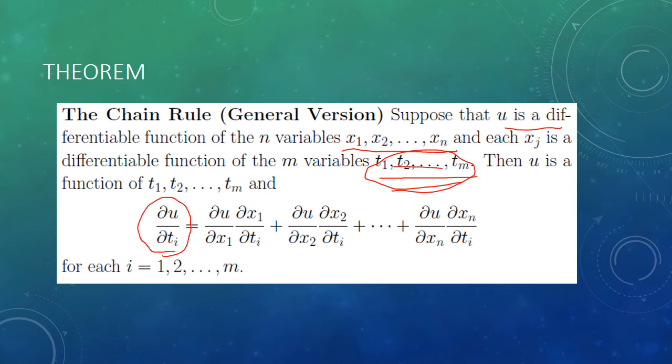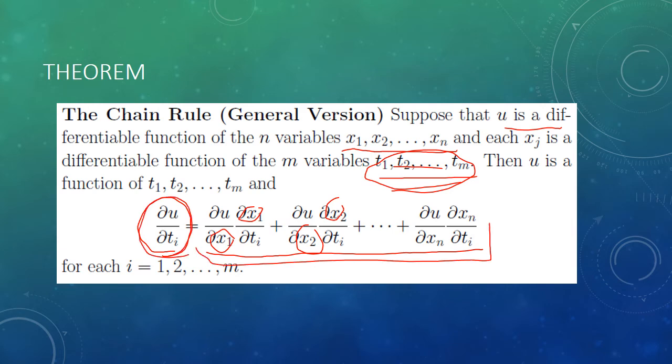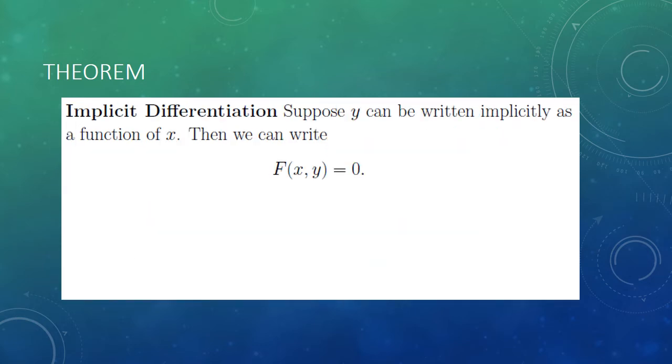At any point, partial u, partial ti, for whatever index you pick, would follow the exact same pattern as before, where the x1s look like they cancel, the x2s look like they cancel, and all these individual parts add up to the whole. We won't do an example of that because we've already done a couple of examples of simpler cases.